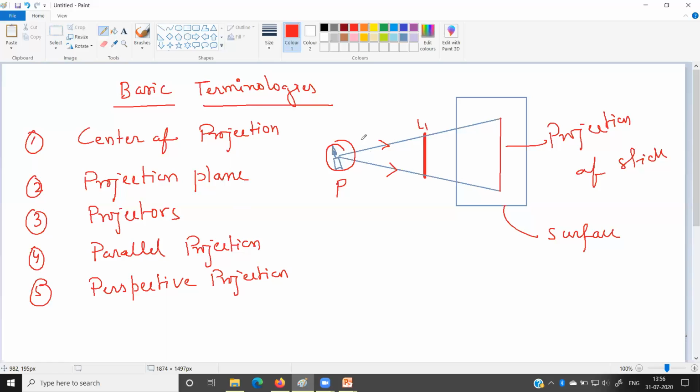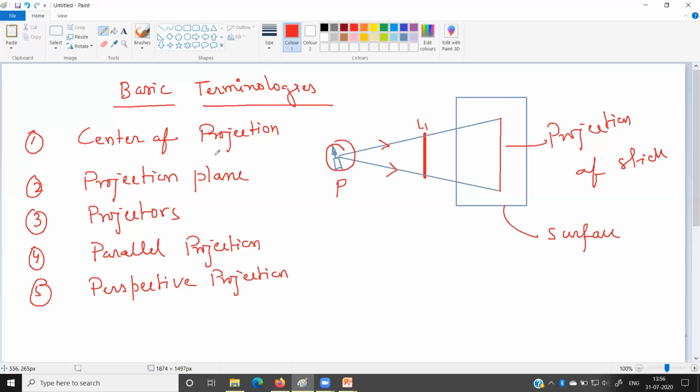In case of parallel projection, the projectors are parallel to each other and they meet at infinity. So this example is not showing parallel projection, because here you can see the light rays or the projectors are meeting at the point P. But in case of parallel projection, the projectors will not meet at any point, they will meet at infinity.